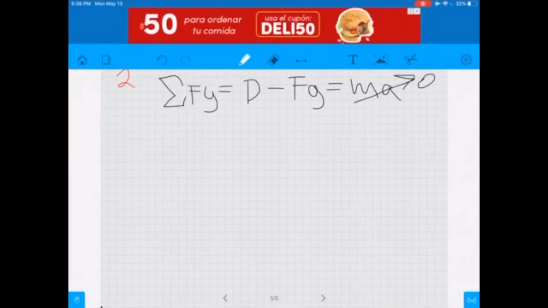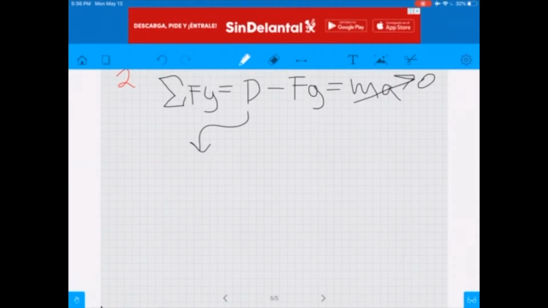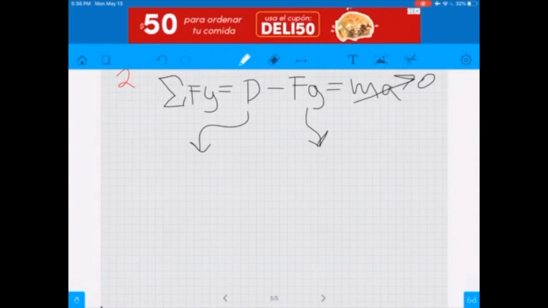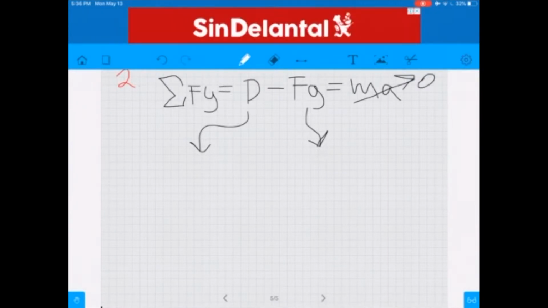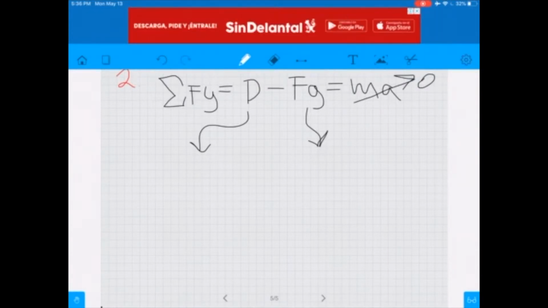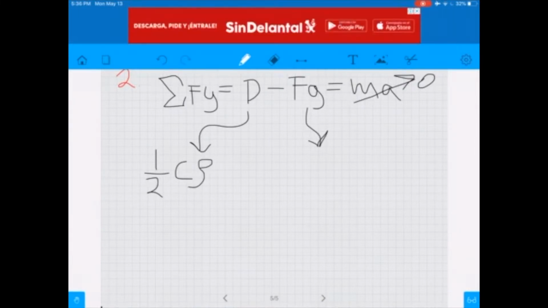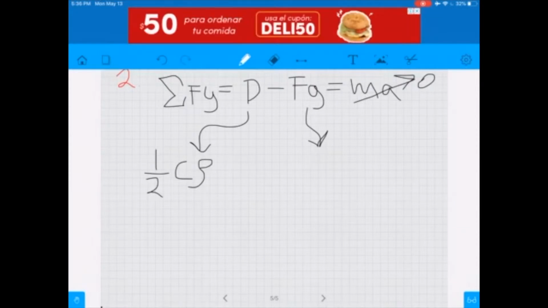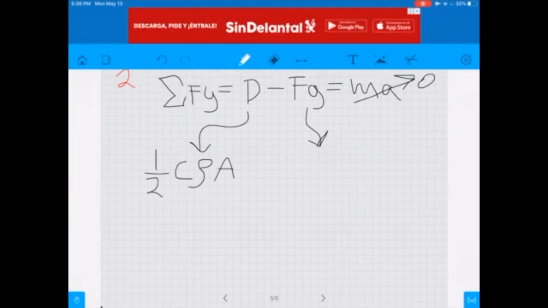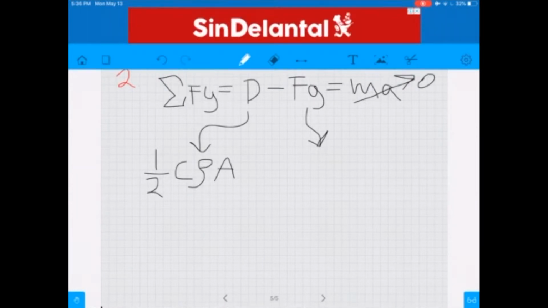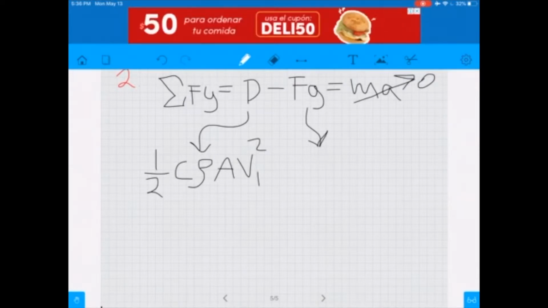So the formula for each of these variables is 1/2 times c, a drag coefficient, times the density of our object, times A, which is the cross-sectional area, times v squared, which is our terminal velocity.